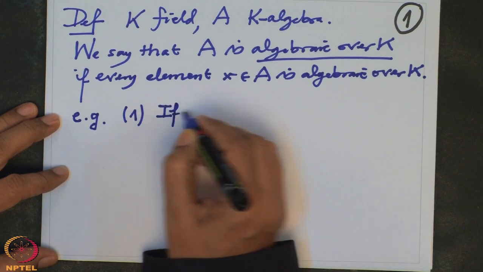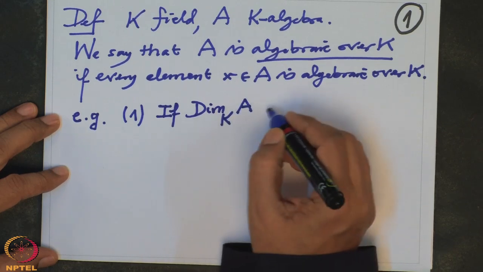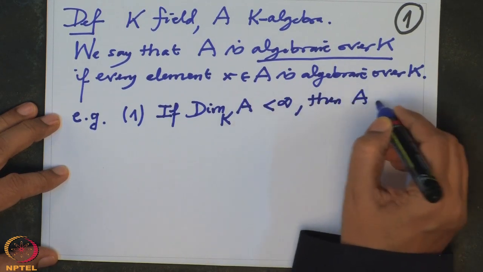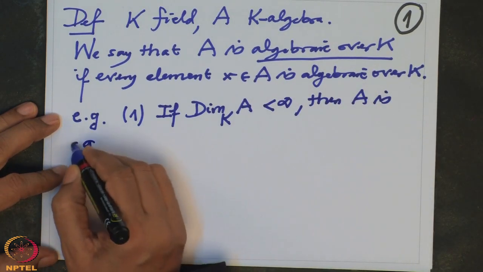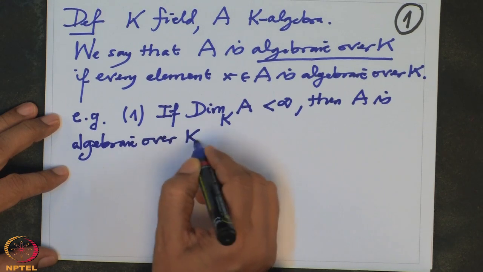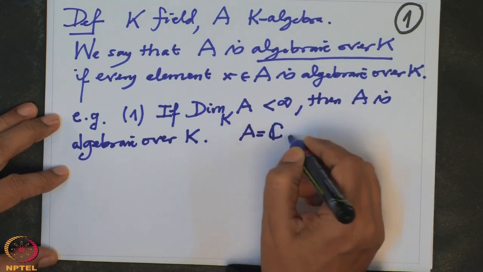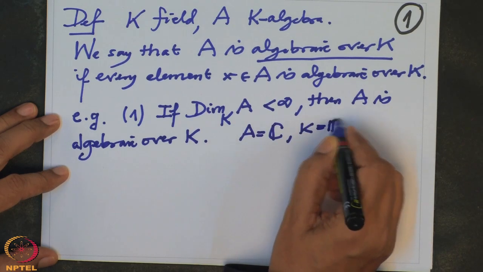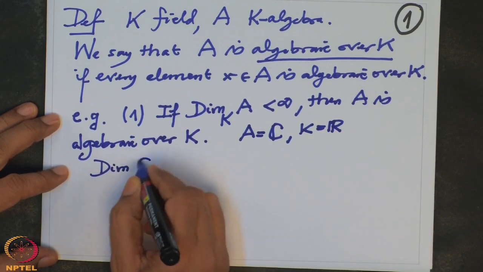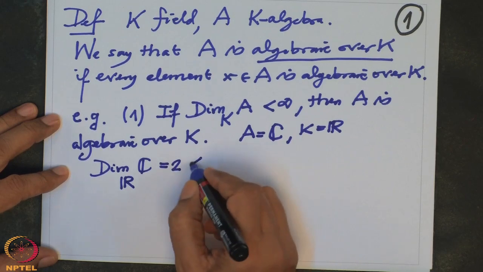If the dimension of A as a vector space over K is finite, then A is algebraic over K. Particularly, you can take A equal to, let us say, C and K equal to R. Then we know that the dimension of C as a vector space over R is 2, which is finite.